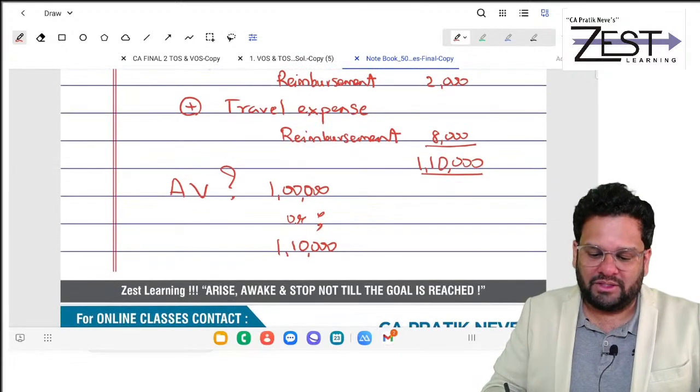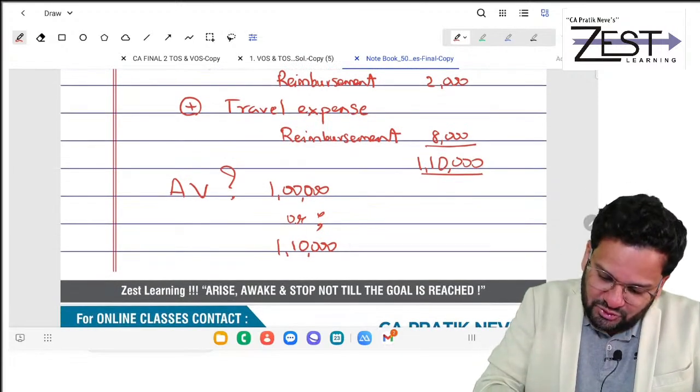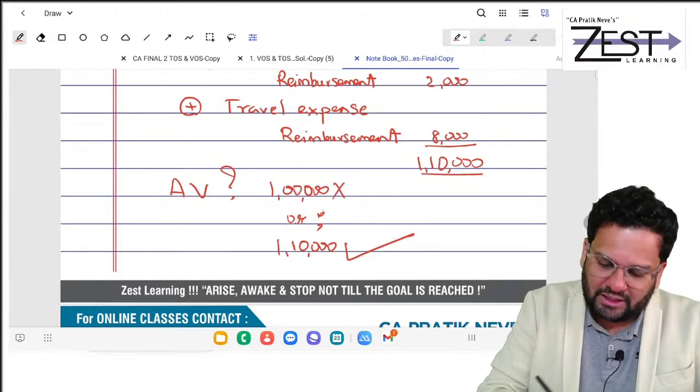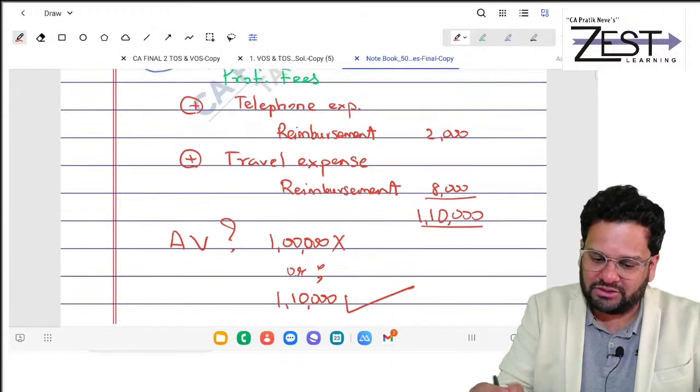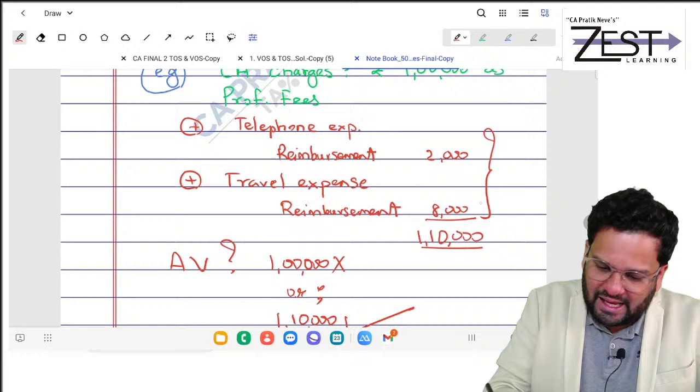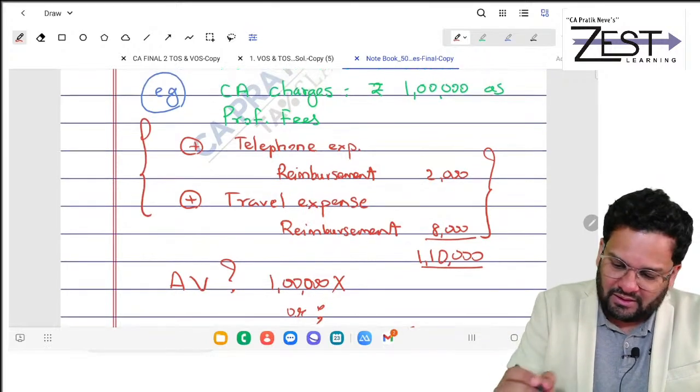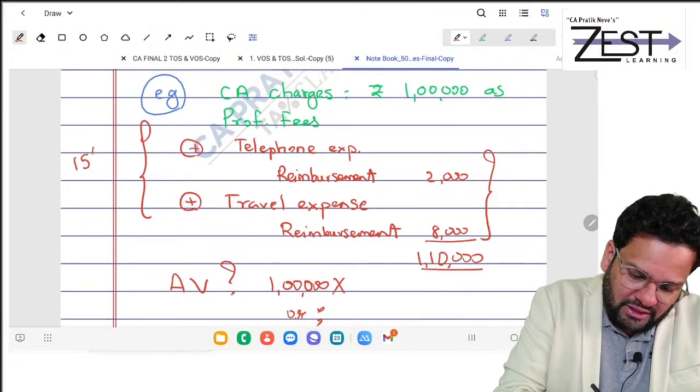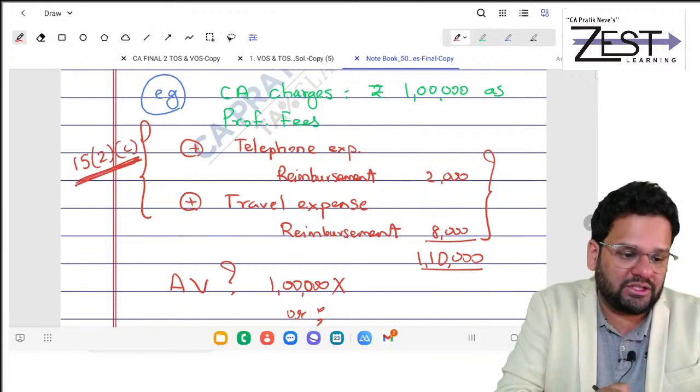So I'll tell you here accessible value is 1,10,000 and not 1 lakh, because these two are as good as adjustment of 15 to C. What is 15 to C?